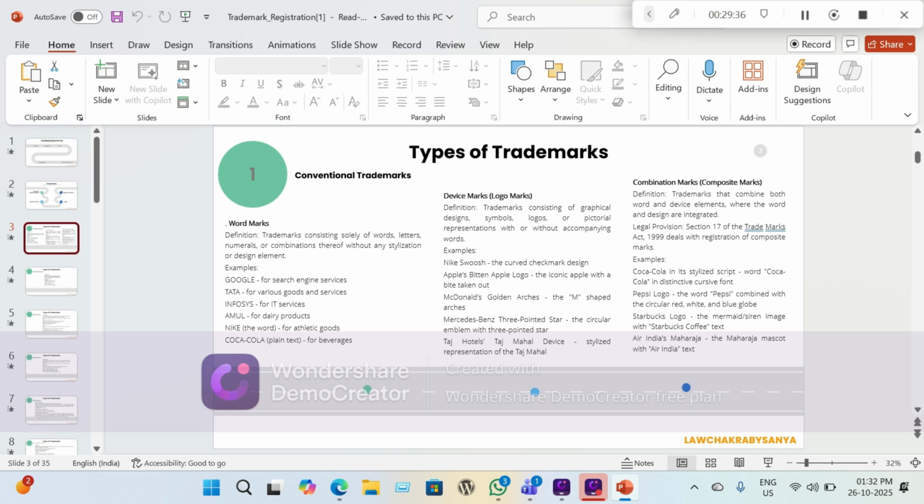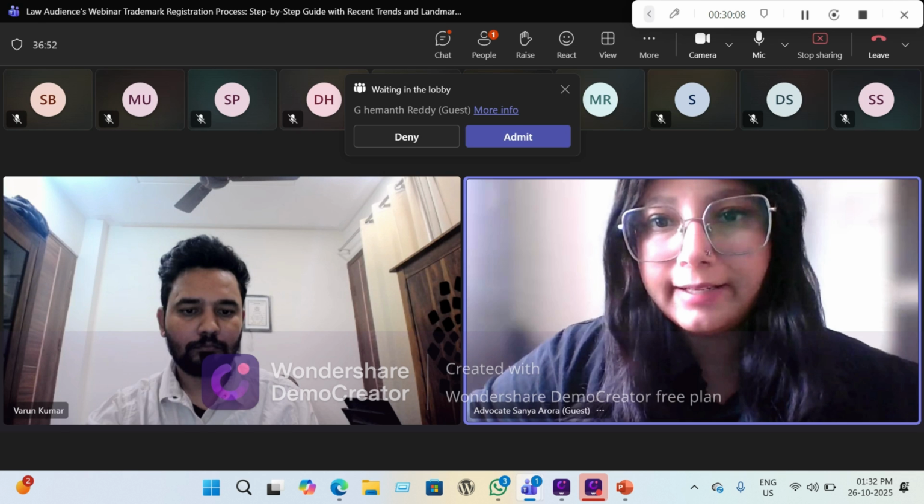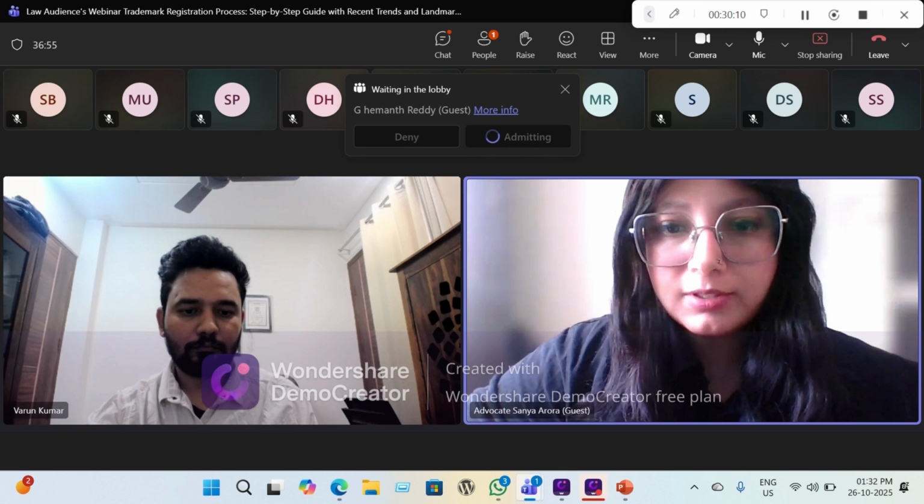So only if you are a trademark agent, or you're an advocate, or even if you're a CS, then you can apply for trademarks of others. There are proprietors also. Proprietors, as in people who claim to be the owners of those trademarks or those brand names. They themselves can also apply by signing up and registering themselves as proprietors, but they often do not understand that it is a very complicated process.